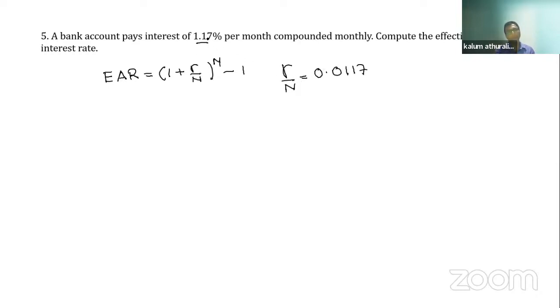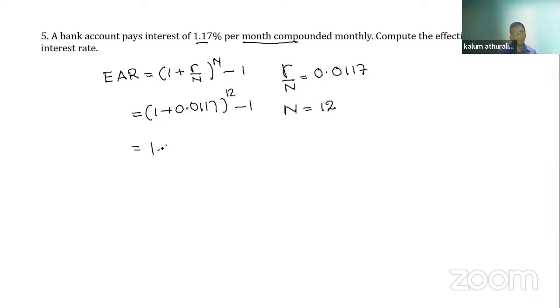Here we can get the value directly. 0.0117 is R over N. N should be 12, since compounded monthly, 12 times per year. Right. Then 1 plus 0.0117 to the power 12 minus 1.